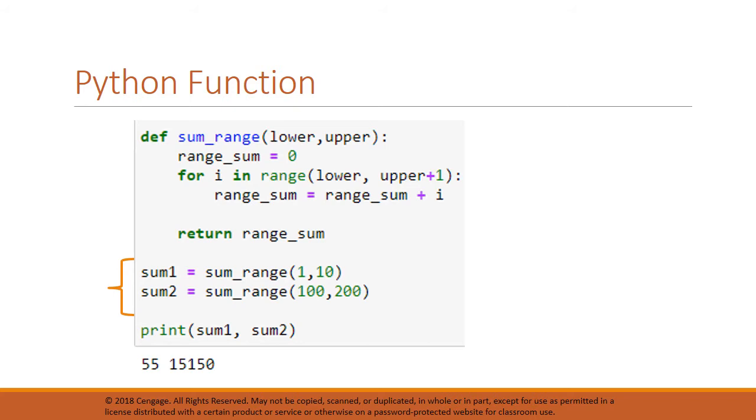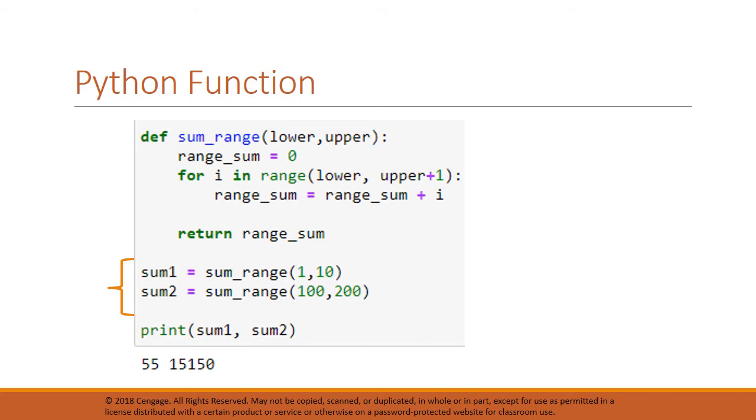Now somewhere in our Python code, we're going to call this function twice. The first time we call our function SumRange, and we pass in the arguments 1, 10. So 1 is assigned to the parameter lower, 10 is assigned to the parameter upper. That function returns the sum of the integers between 1 and 10, and we assign that sum to the variable sum1.